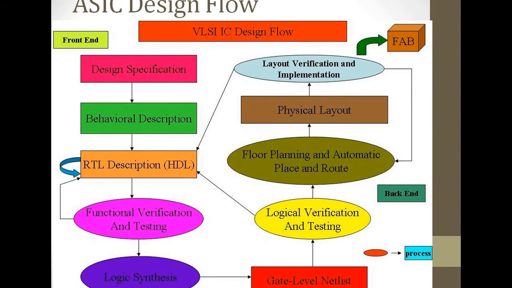So what is ASIC design flow? ASIC design flow consists of front-end process and back-end process. Whenever you are trying to make a VLSI chip, first in the front end we give the specifications, which are called design specification, followed by the description which is called behavioral description, which we will write using hardware description languages, and that can even be written in RTL, that is register transfer level description.